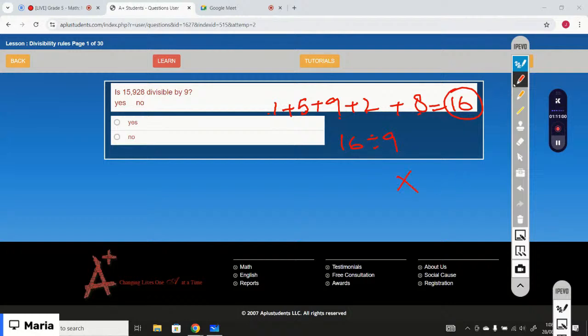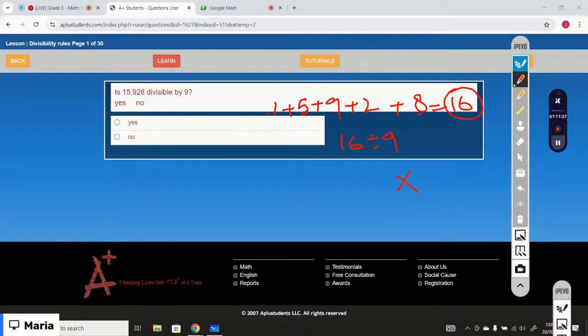So that means 15,928 is not divisible by 9.